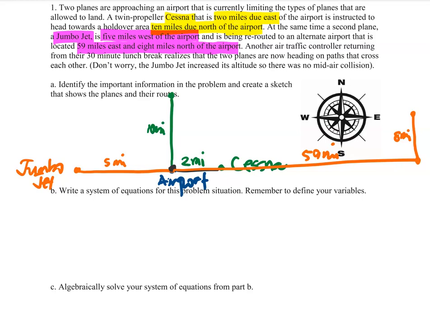So as you can see here, from point to point, think of the airport as the origin. So for the Cessna, the coordinates here are (0, 10), 10 miles north of the origin.